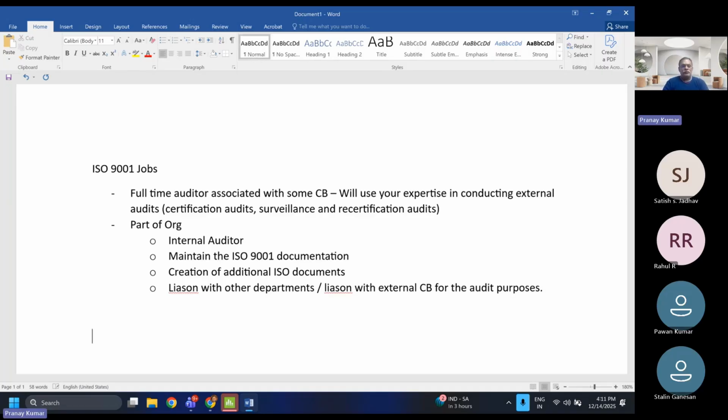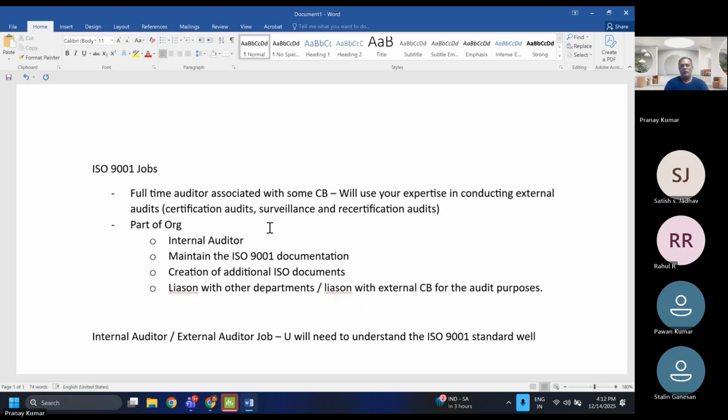Let's first talk about the internal audit kind of a job. Both for the internal auditor's job and the external auditor job, you will need to manage the ISO. You will need to understand the ISO 9001 standard well, mostly from an audit perspective.